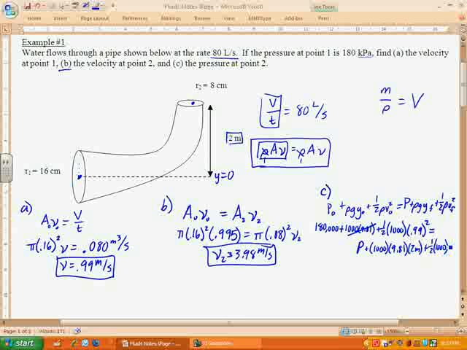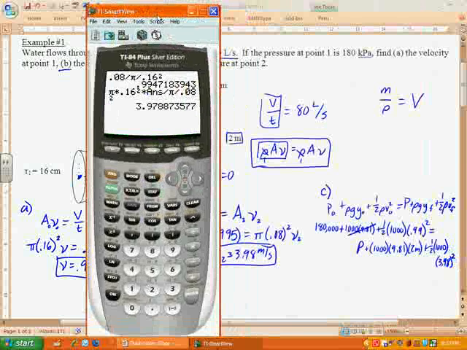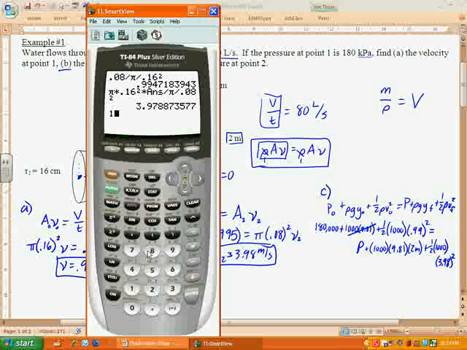So we'll take the left side here, and we'll take 180,000. We will add 1/2 times 1,000 times 0.99 squared. And then we're going to take these other things and subtract them to the other side. So minus 1,000 times 9.81 times 2.